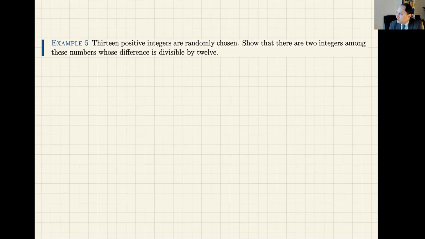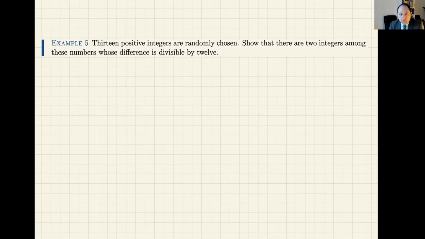Let me think a little bit. If I have 13 positive integers, you are talking about differences, but there are more than 13 differences, yes? This is not going to work, even though your idea is correct, but you need to change it a little bit.